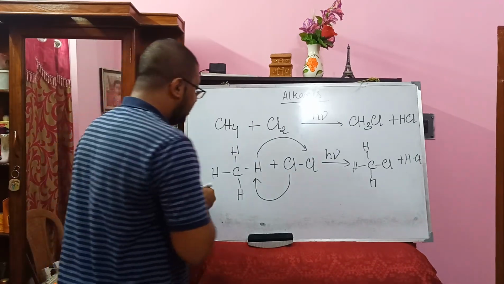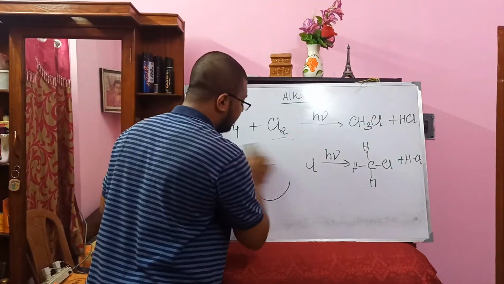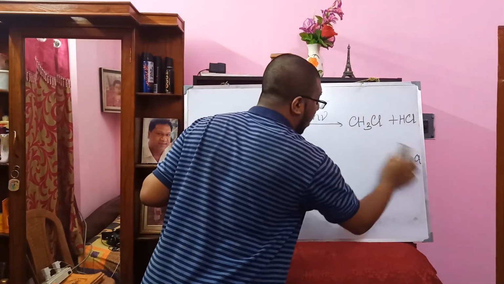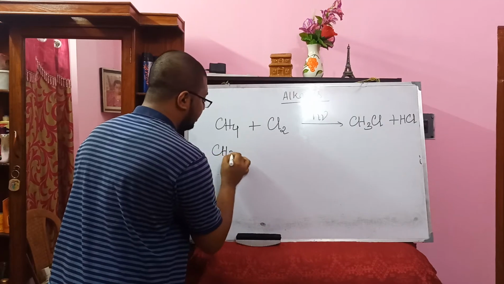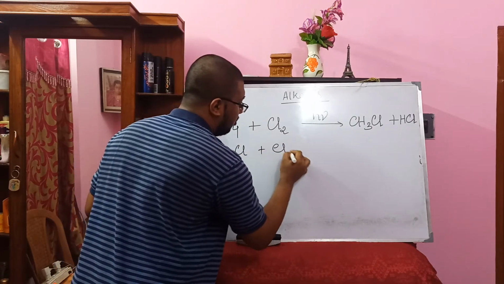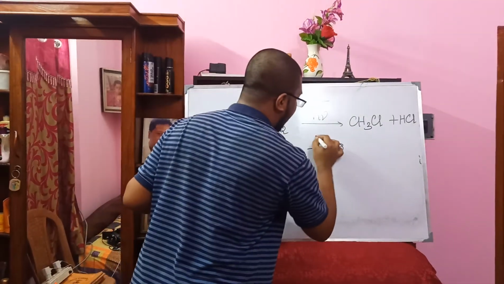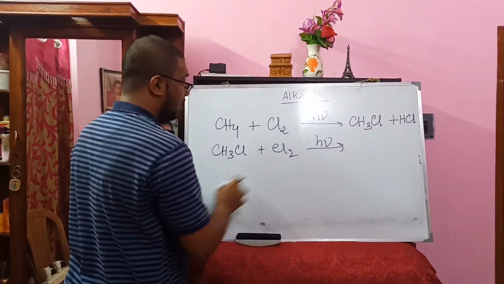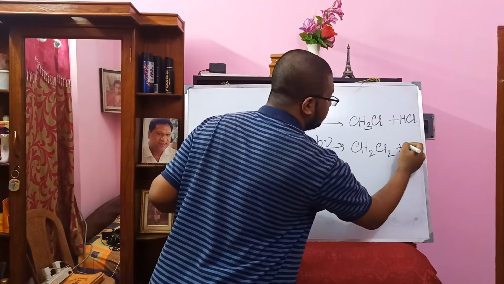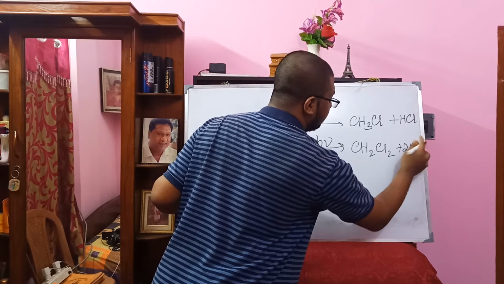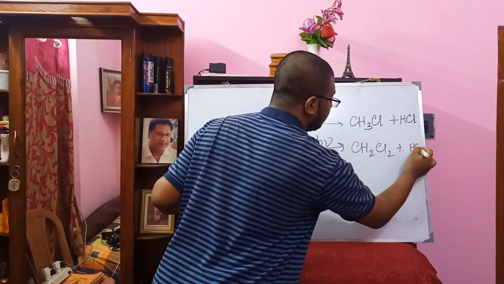Now similarly, if you add one more chlorine molecule to CH3Cl in the presence of h nu, one more chlorine will be added, giving CH2Cl2 and another HCl.